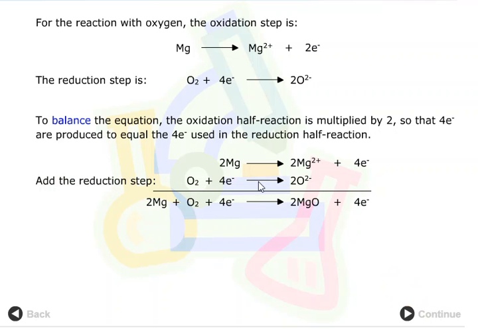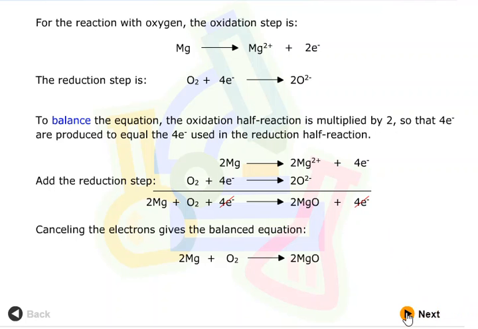So, this is the balanced equation: magnesium oxide plus 4 electrons. Cancelling the electrons, the balanced equation remains this.